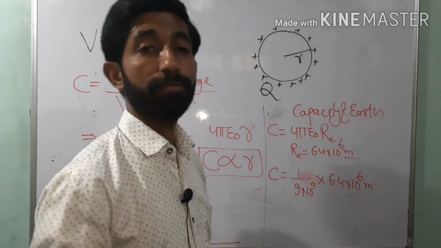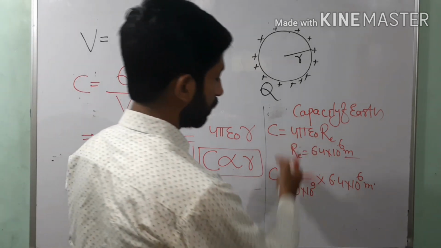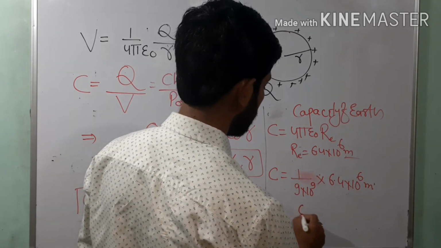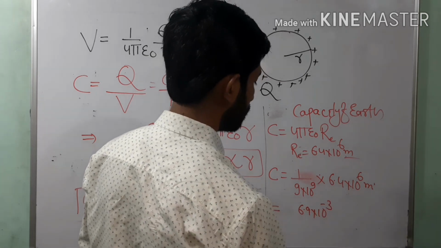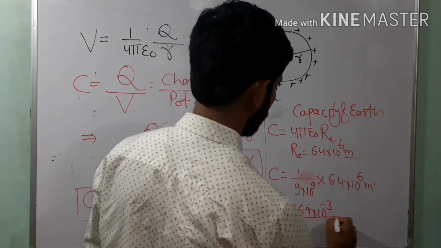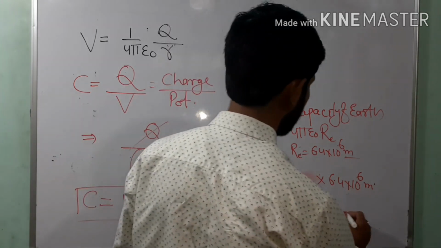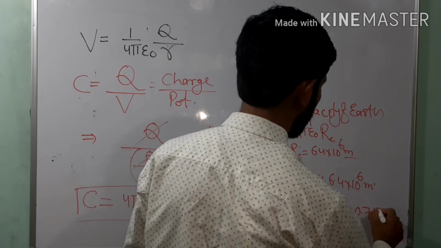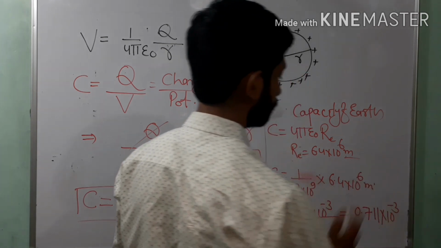These are the values we shall be evaluating on. This is equal to 6.4 times 10 raised to the power minus 3 upon 9, and this is equal to 0.711 times 10 to the power minus 3.